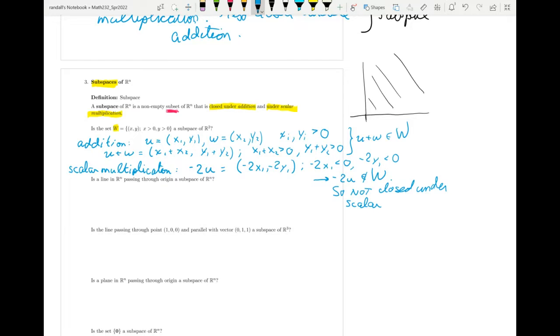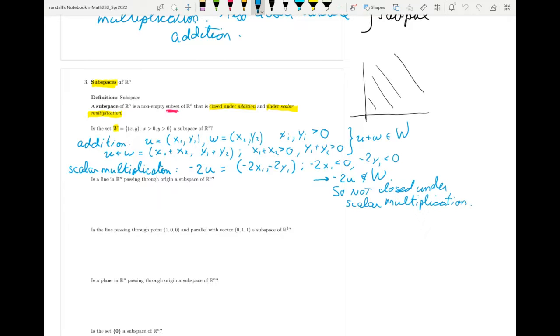So this one is not closed under scalar multiplication because I found one example. Actually, I found many examples, because I chose any vector u there and a specific scalar. You can see the way this is going to work: as long as your scalar is negative, multiplying one of these vectors by that scalar will result in a vector that's not in the set. So it's not closed.